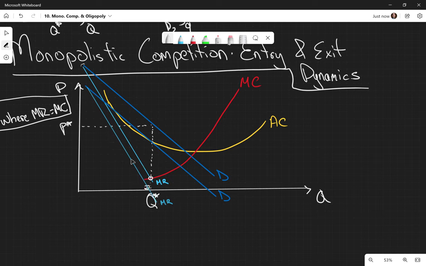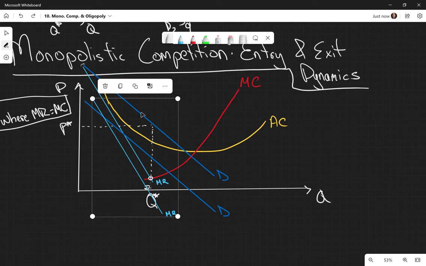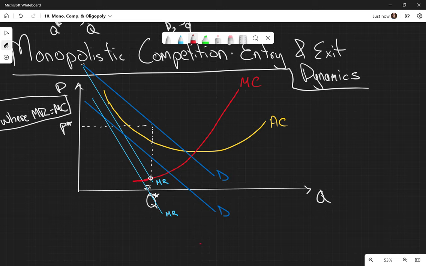All right. So actually, that was proper. So now let's just increase this a little bit here. So now at our new marginal revenue curve and our new demand curve, this is marginal revenue 2, this is demand 2.